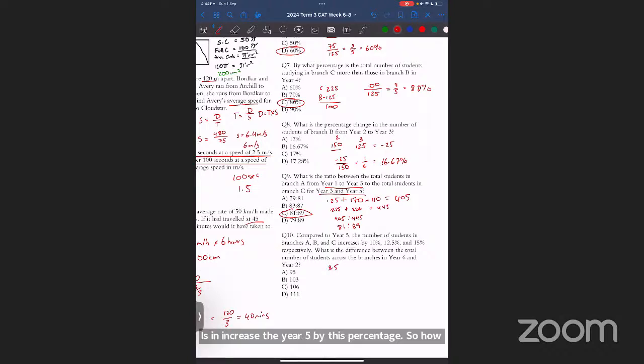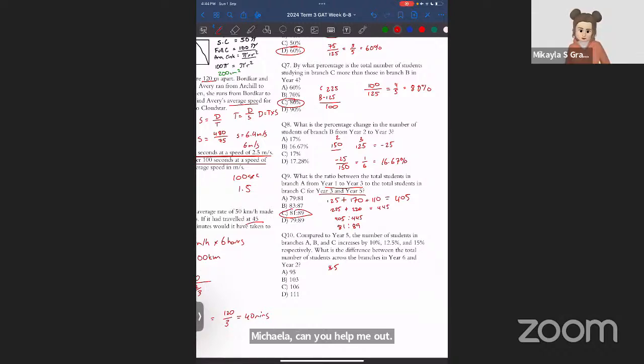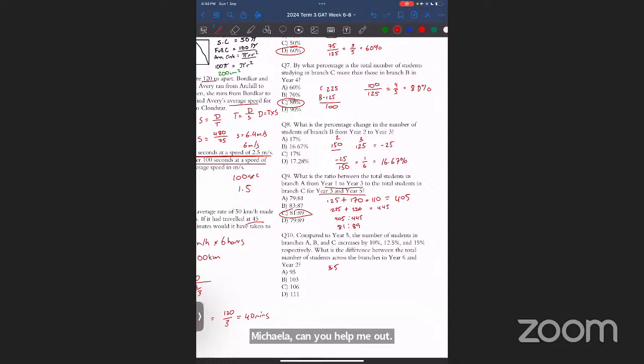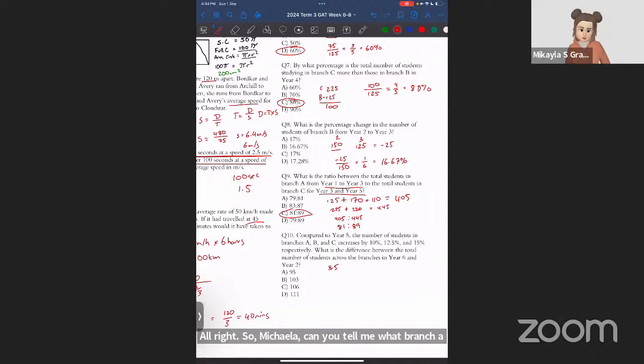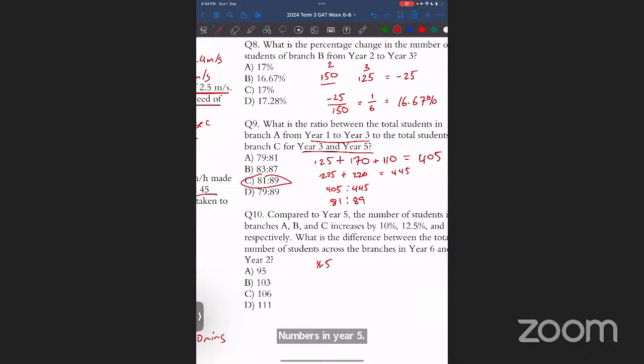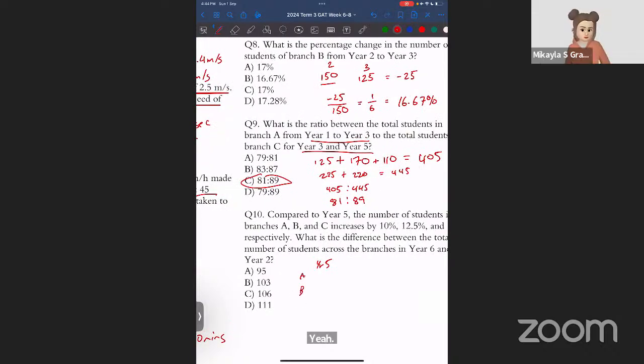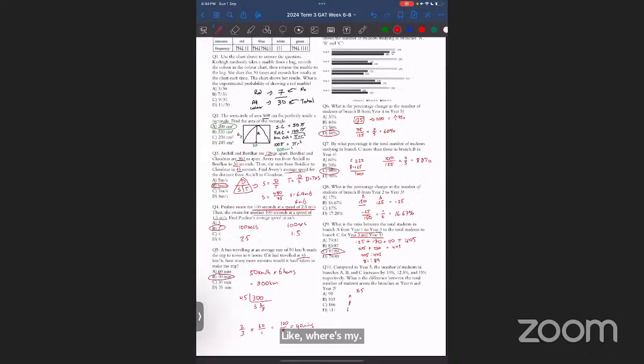So year 5, I'm going to need a helper. Michaela, can you help me out? Can you tell me what branch A numbers in year 5 were? Do you have your booklet in front of you?